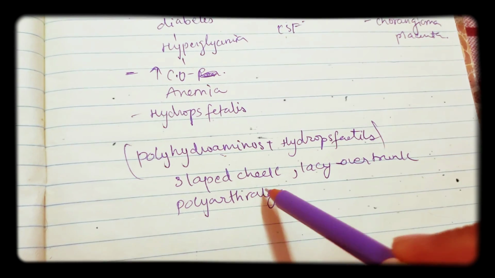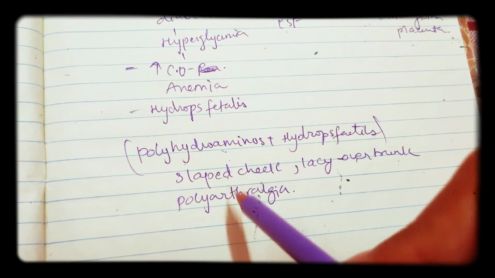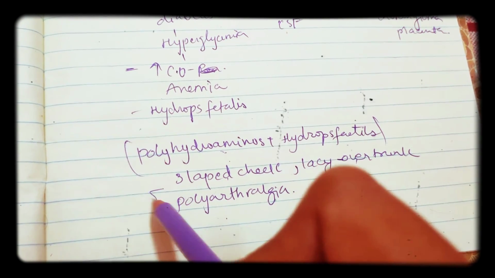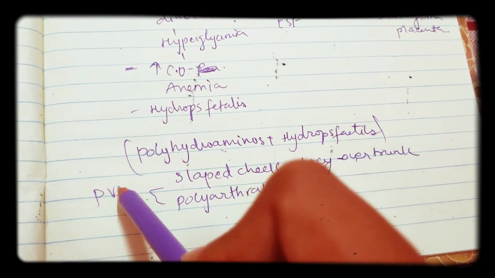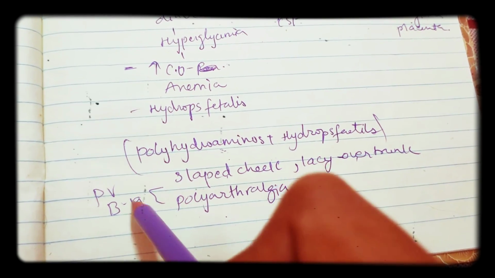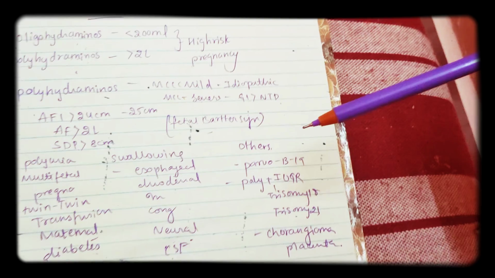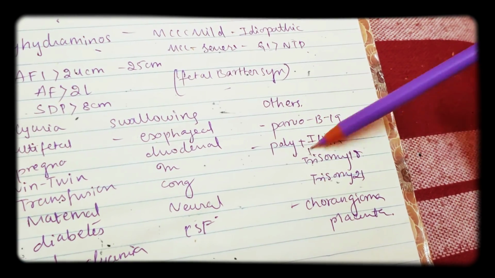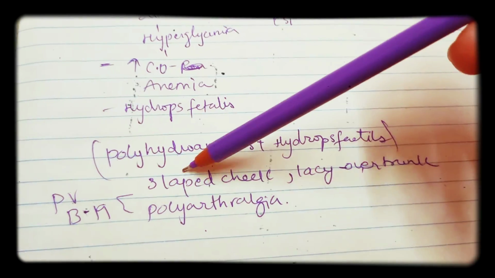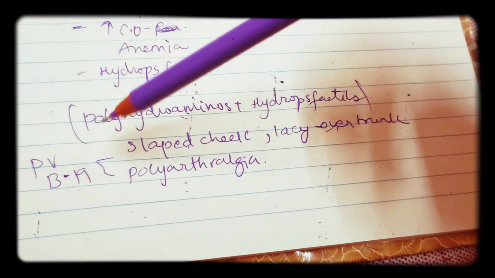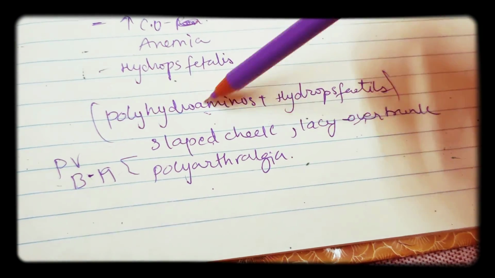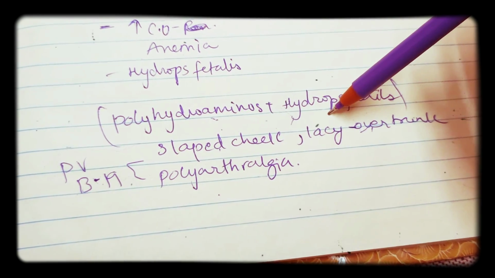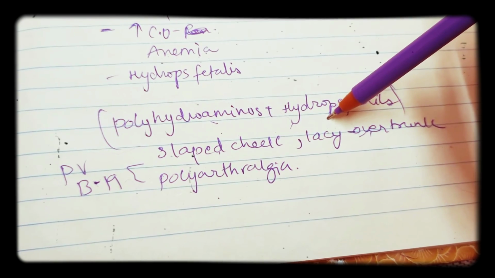All these conditions, lacy pattern over the trunk, slapped cheek, polyarthralgia, can be seen in parvovirus B19. Don't confuse: parvovirus B19 is also seen with polyhydramnios with IUGR and trisomy 18, whereas polyhydramnios with hydrops fetalis is seen in parvovirus B19 and all these conditions. And remember, here you also have Rh isoimmunization.